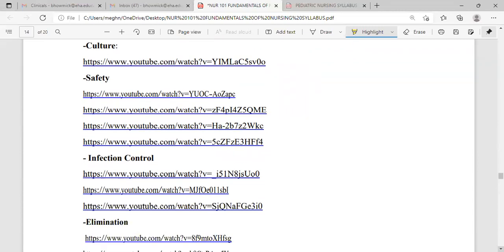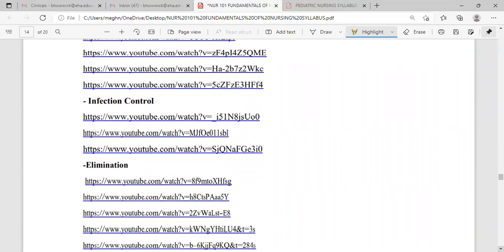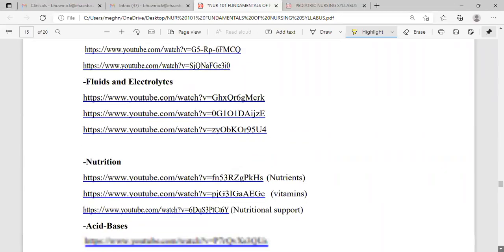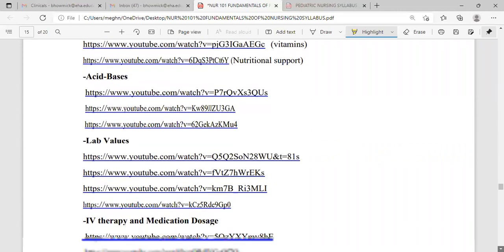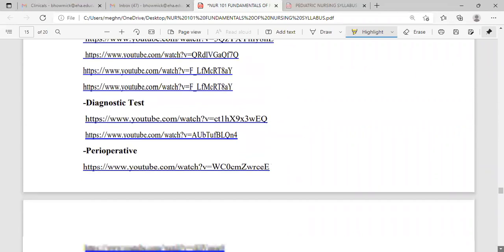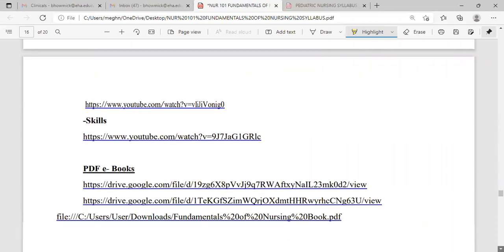So it helps to make the materials very clear. So it is like safety, some important link, infection control, important link, right? Pain management, hygiene, fluid and electrolyte, nutrition, acid base, lab values, IV therapy, medication, diagnostic test, perioperative skill.